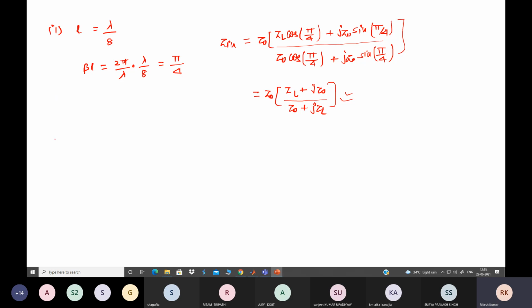Now for the second case, suppose we take L equal to λ/4. So for this case we can write βL is equal to 2π/λ into λ/4.